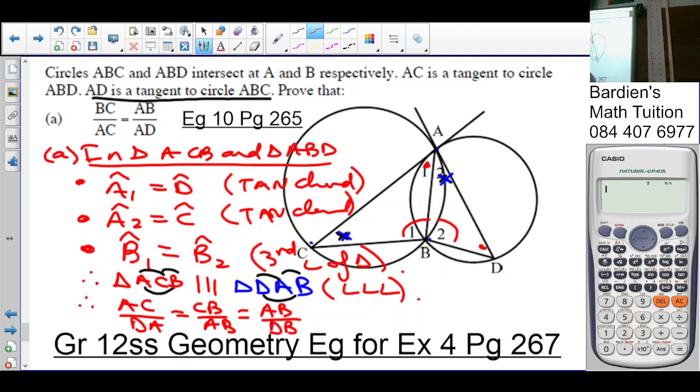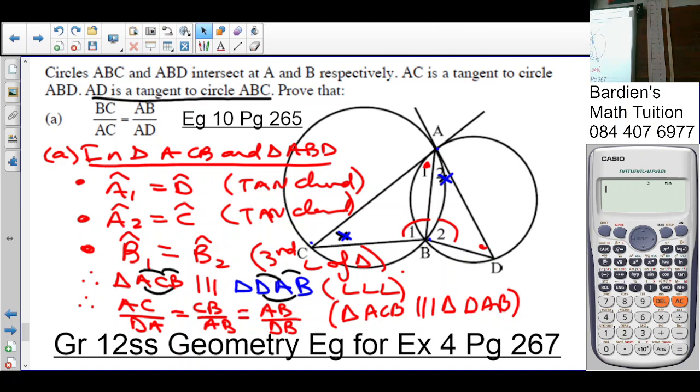Why? Because triangle ACB is similar to triangle DAB. Or you can write sides in proportion. Both will give you the mark.